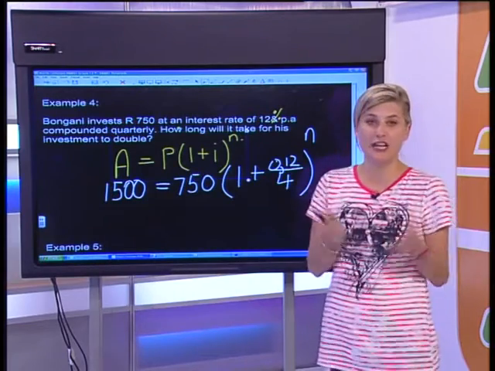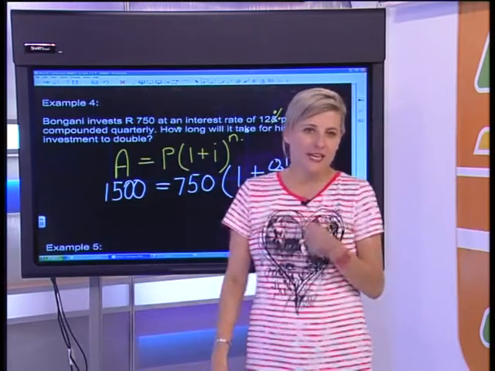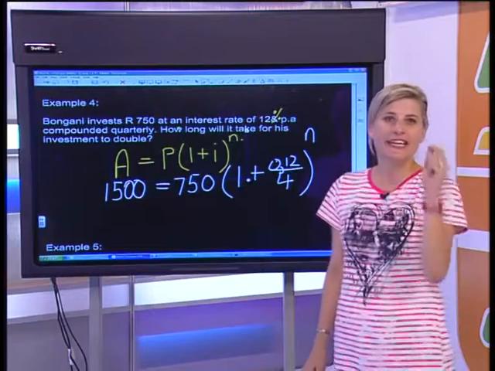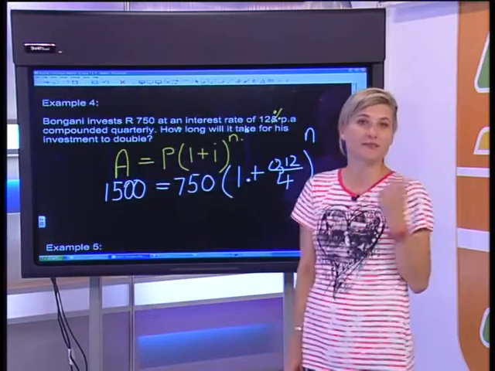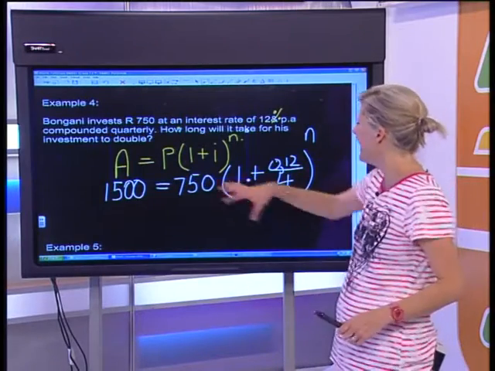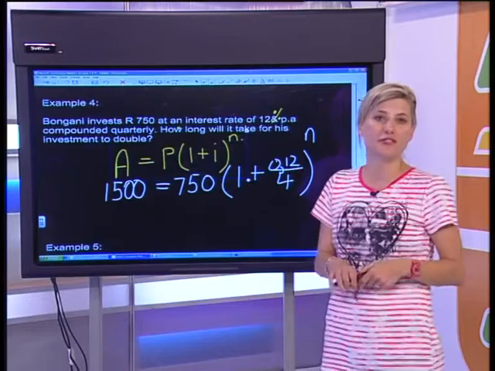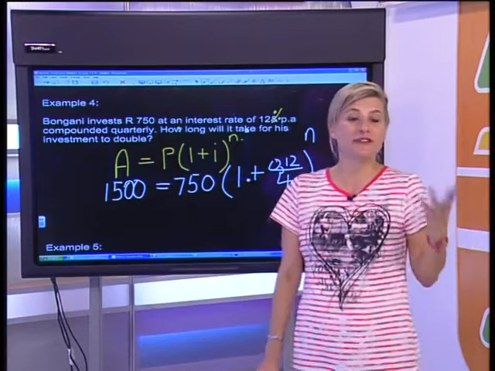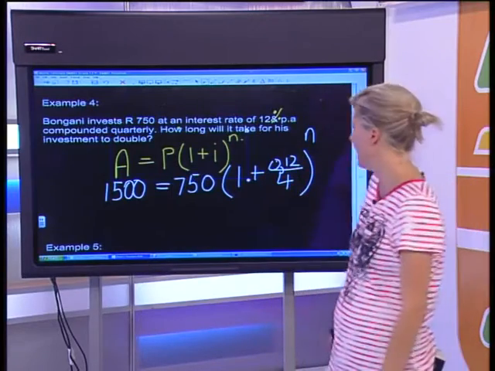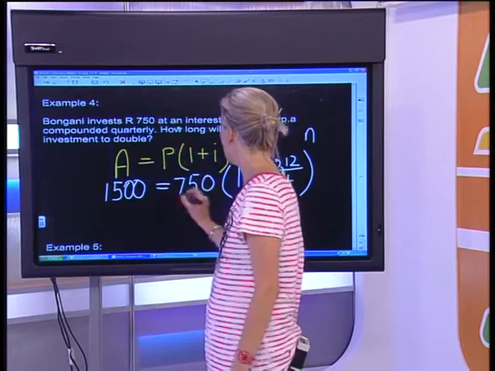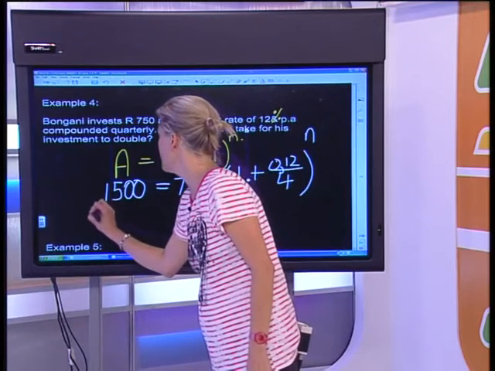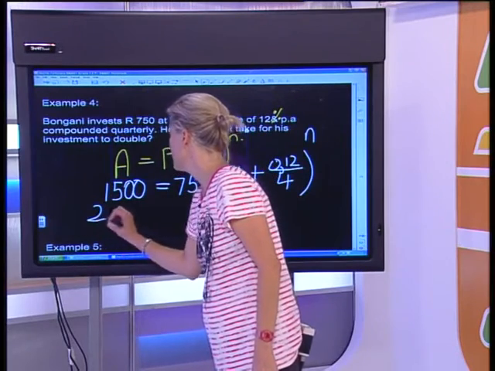So far, so good. Now, Musa, I hope you're watching because, again, please note that I'm now going to divide both sides by 750. I cannot multiply 750 into that bracket because 750 is not to the power n, so that just won't be cool. Divide by 750 both sides, I get a 2 on my left-hand side.